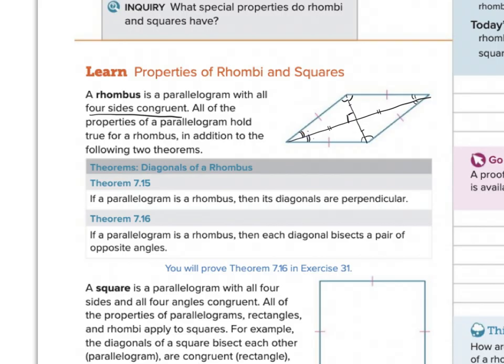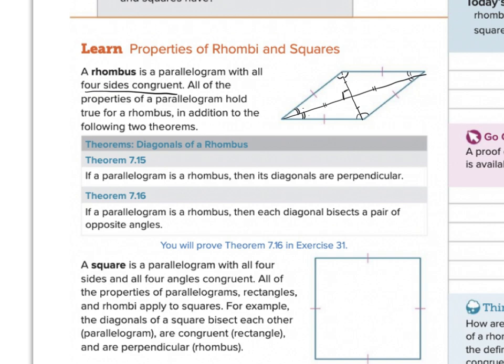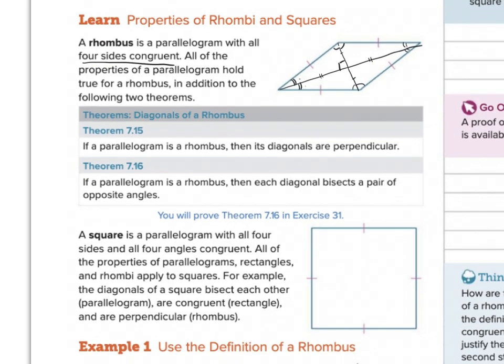So there you go. Those are some of the new characteristics, the new theorems, things that we can use as definitions moving forward. Now, a square is a parallelogram with all four sides and all four angles congruent. So a square is a rhombus, but it is also a rectangle in the sense that my opposite angles are 90 degrees.